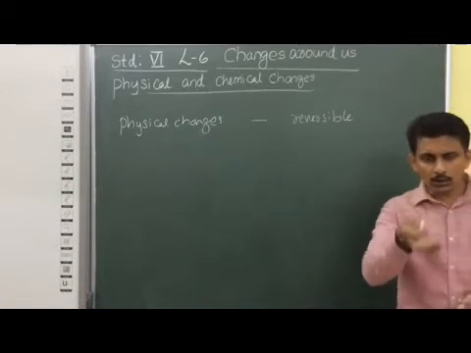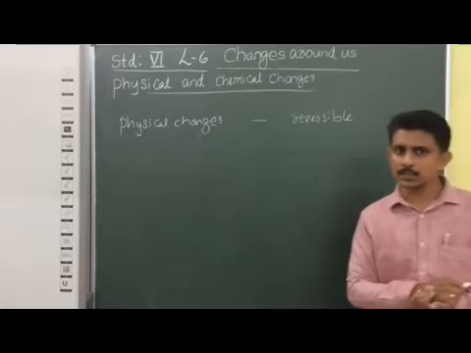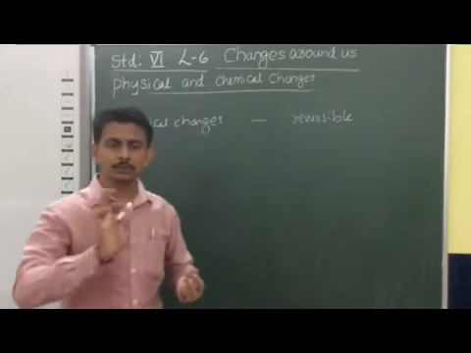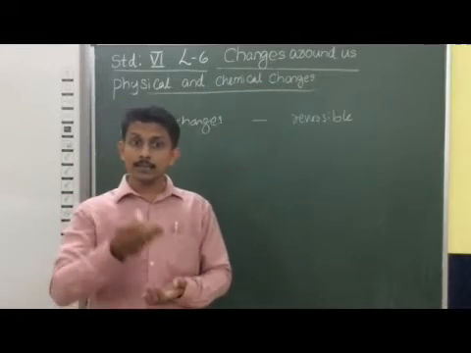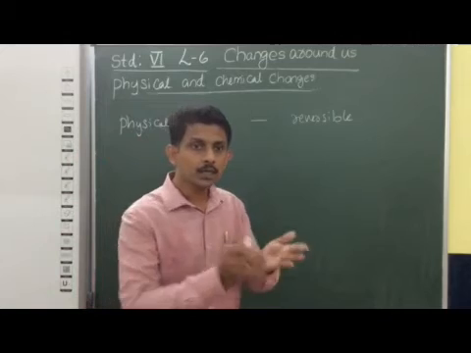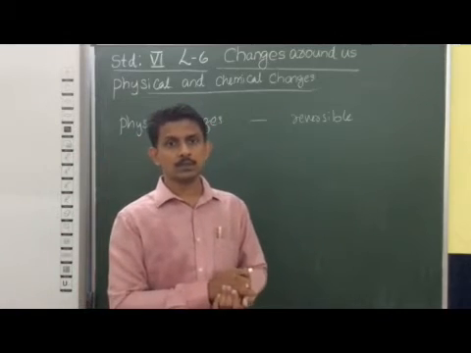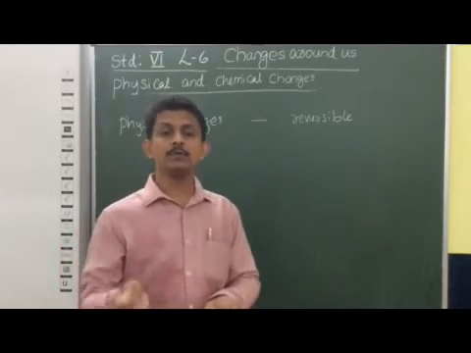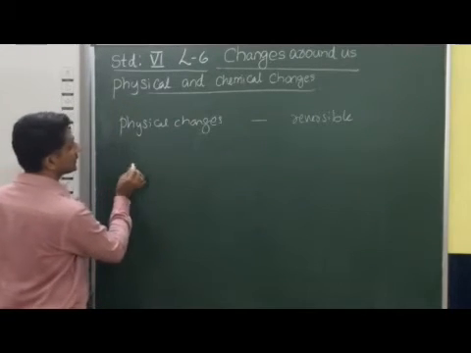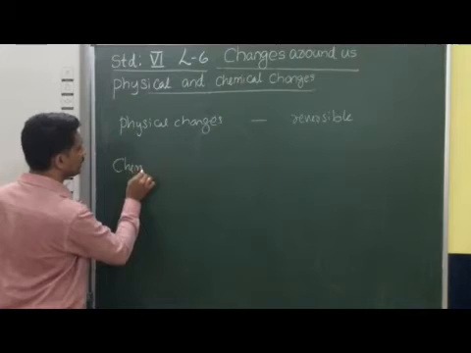So considering all these types of changes, you can see that a new substance is formed with new properties of its molecules. And these types of changes are permanent, which cannot be reversed. So they are irreversible changes.